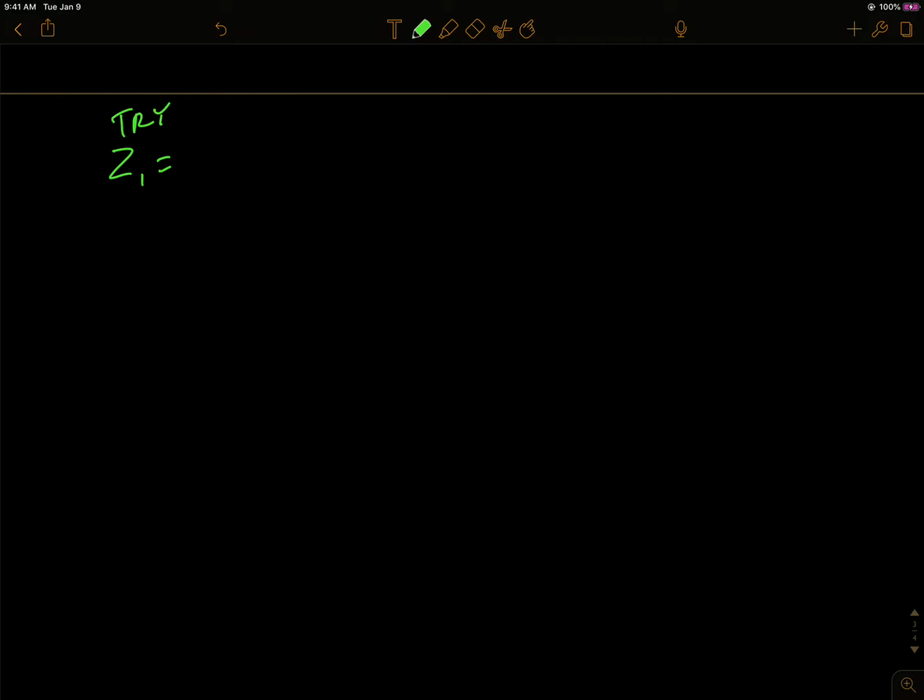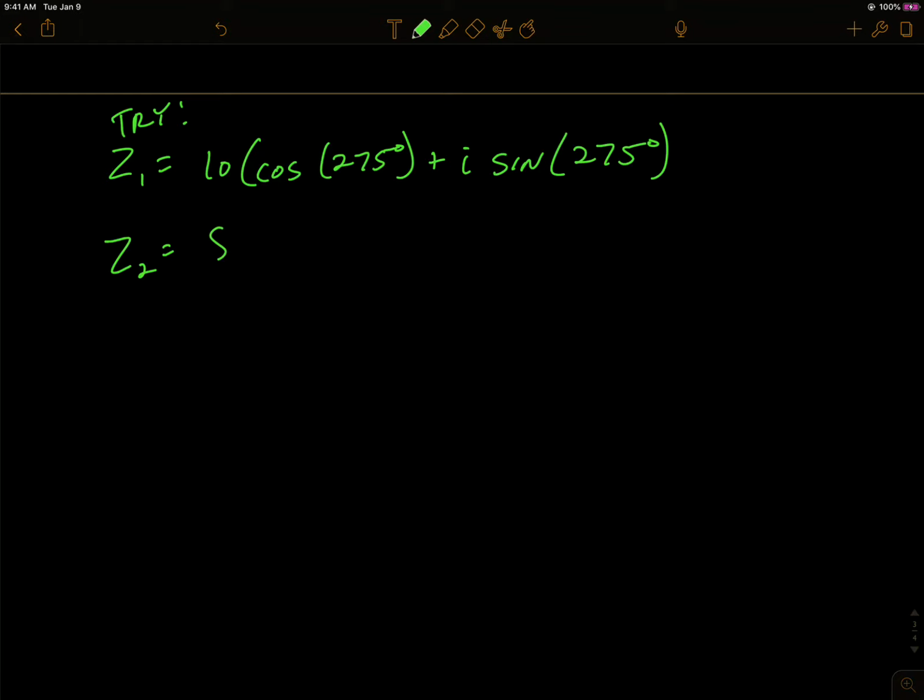So you try one. Z sub 1 is going to be 10 times cosine of 275 plus i sine of 275. And then Z sub 2 is going to be 5 times cosine of 65 plus i times sine of 65 degrees.